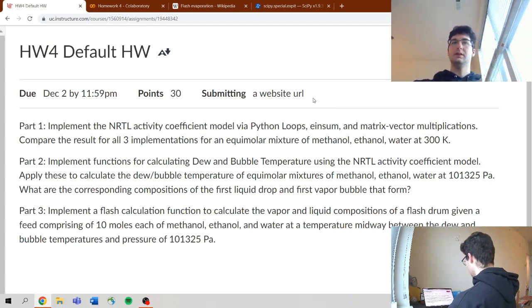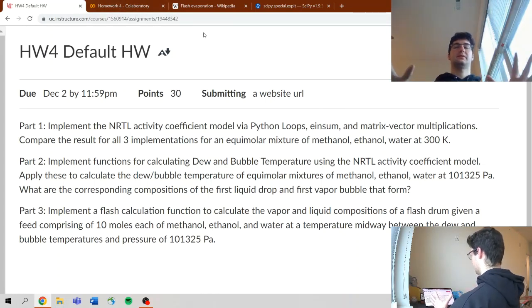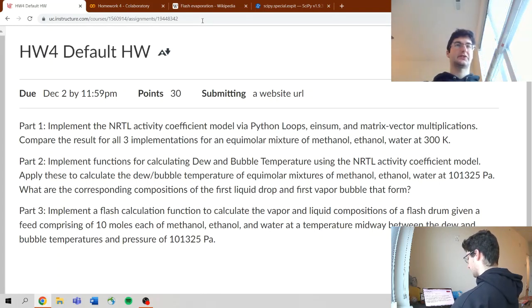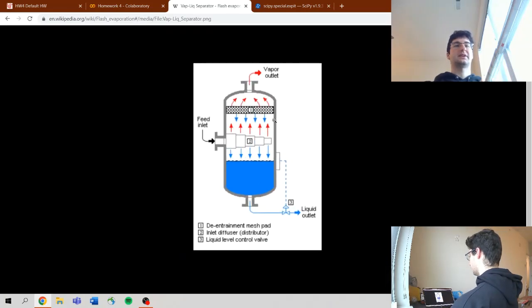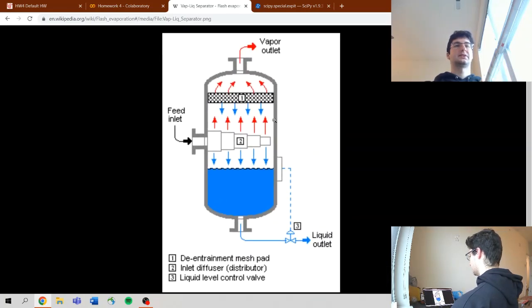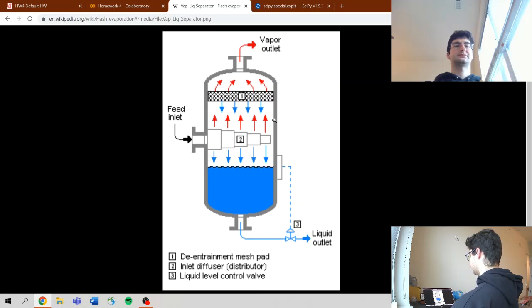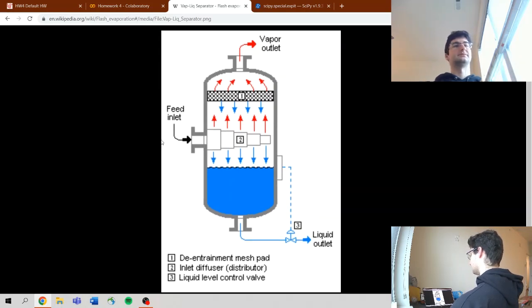So let's get started. A brief explanation about what a flash calculation is. Here is a diagram of what a flash drum looks like. The feed comes in and enters the flash drum.